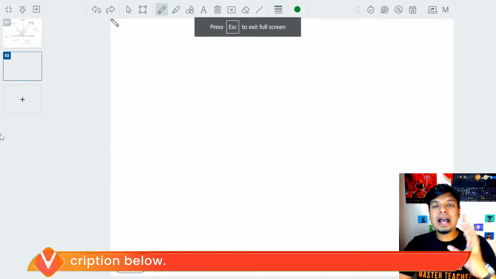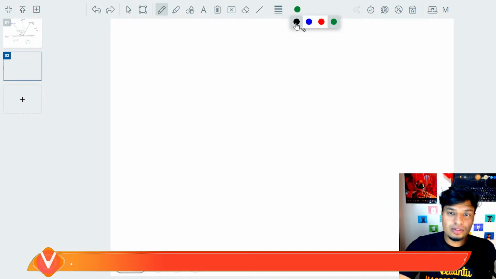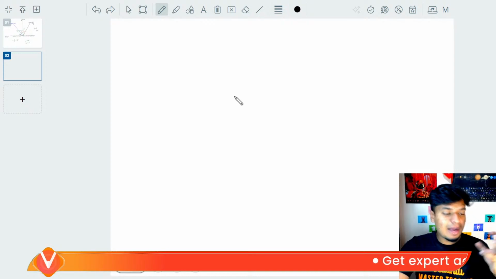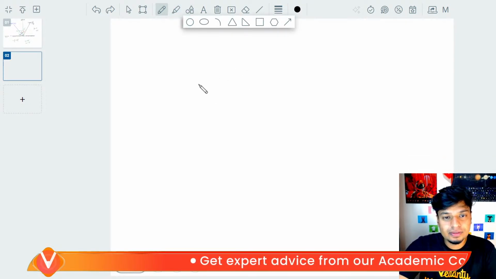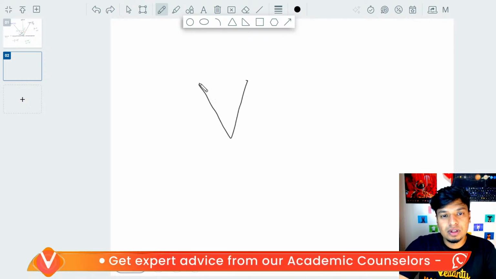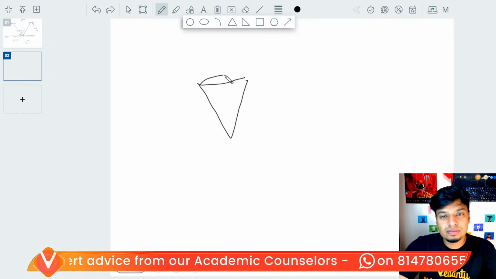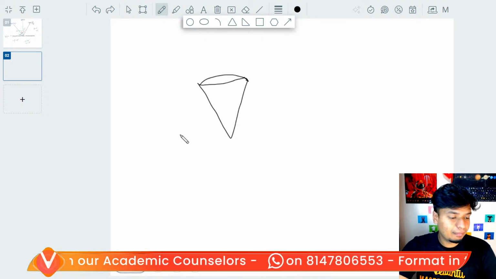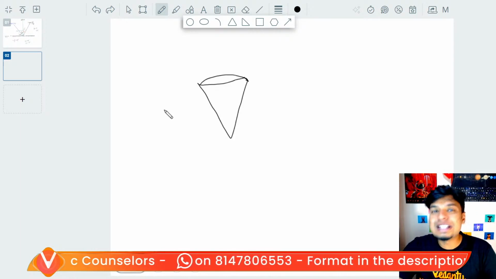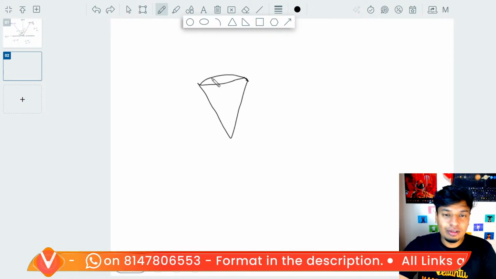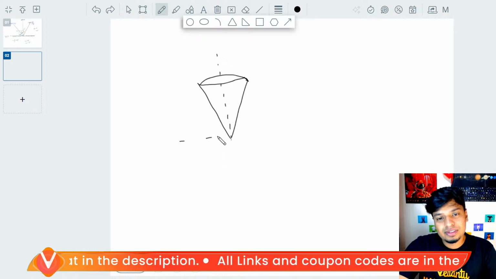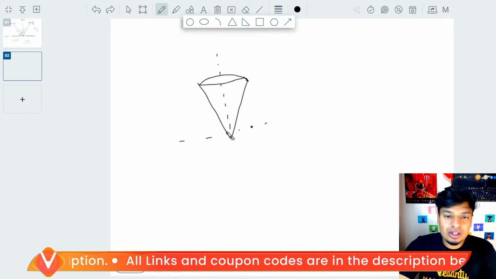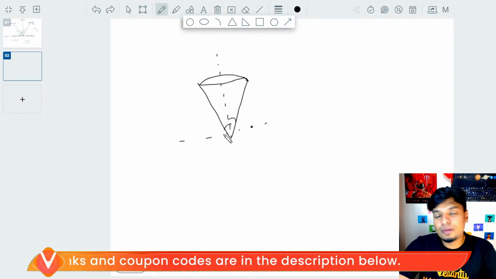Okay, let's imagine a 3D structure. Let's take a cone, for example. How does a cone look like? A cone looks like this. Imagine this is the cone. Now, let's draw a middle line here. This is angle of incidence, this is angle of reflection.